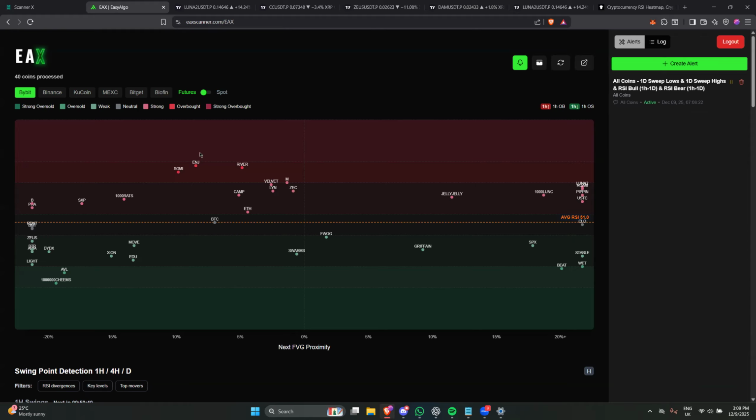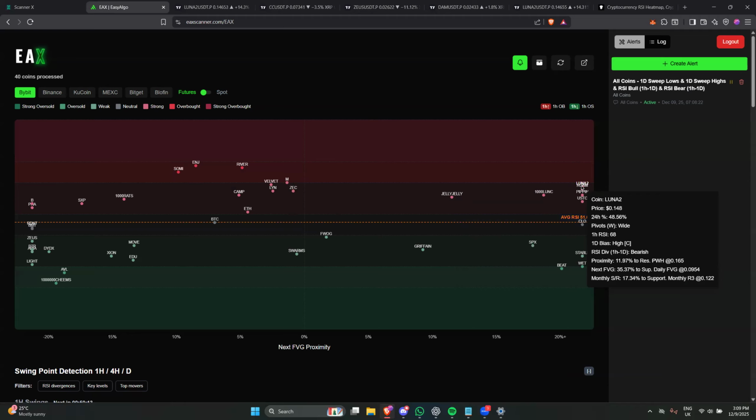So for me personally, I like to look for, let's have a look here, I like to look for bearish. Let's just see here. There we are. So that's actually Luna 2. In fact, this is the one I mentioned to the guys earlier.